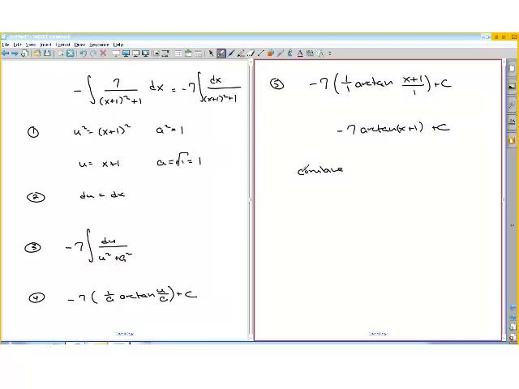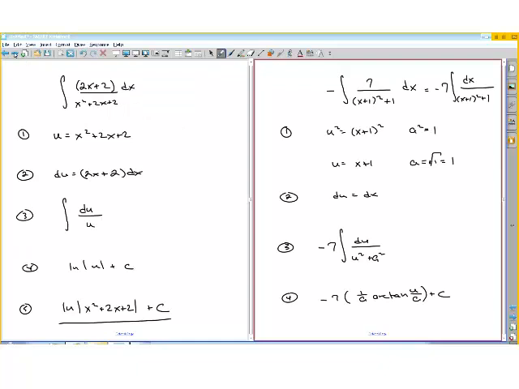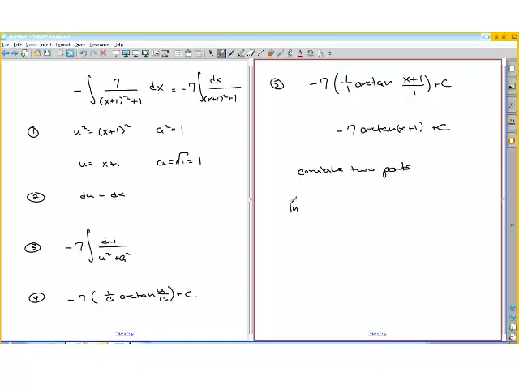Okay, now combine the two parts. The first part was the natural log of the absolute value of x squared + 2x + 2. The second part is -7 times the arc tangent of (x + 1).